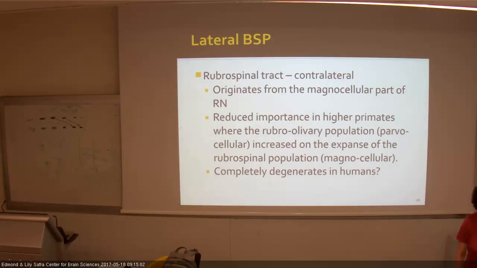And what is interesting is that with evolution, the relative size of the magnocellular part decreases. In terms of the ratio between the magno and parvo, and also the ratio versus brain size, we see that the magnocellular part reaches its peak somewhere at the level of the cat, and from then on it becomes relatively smaller and smaller.